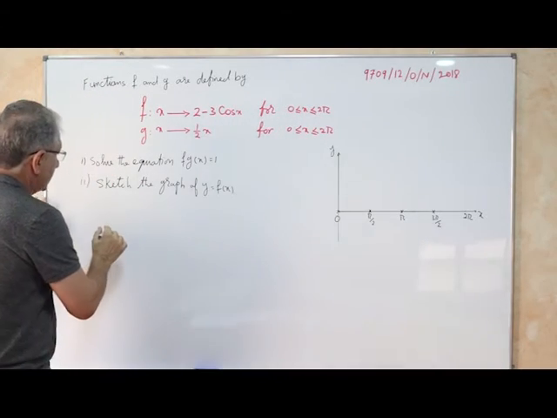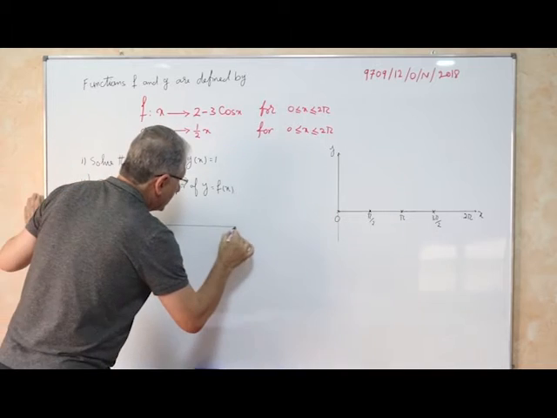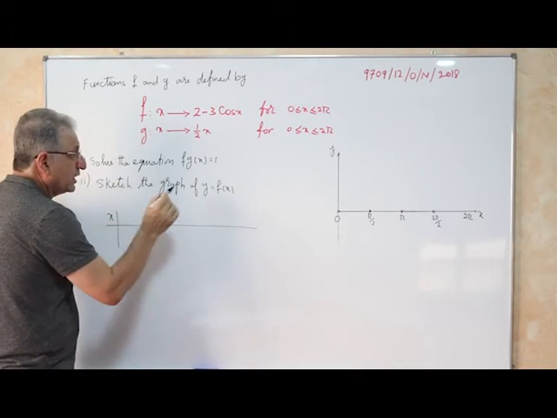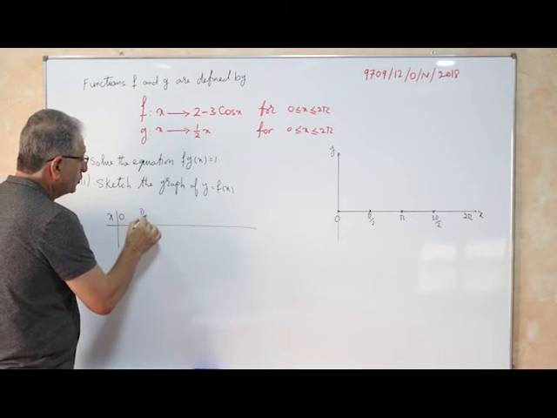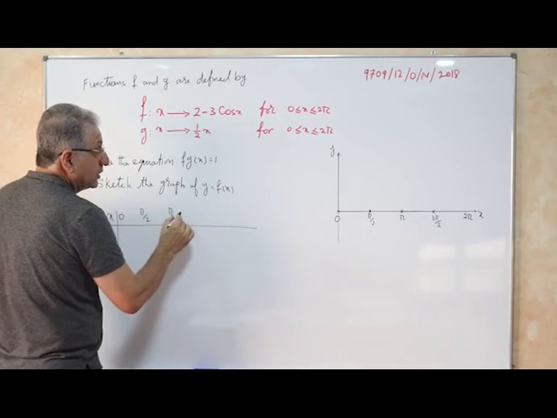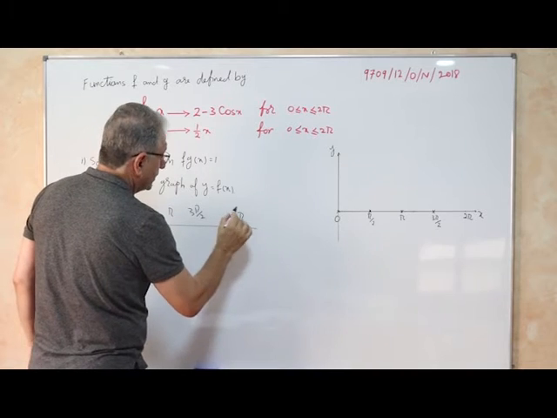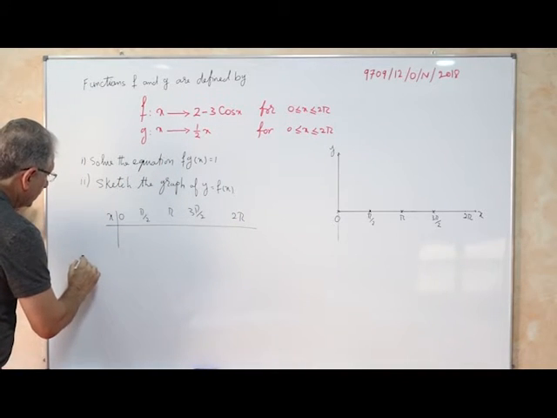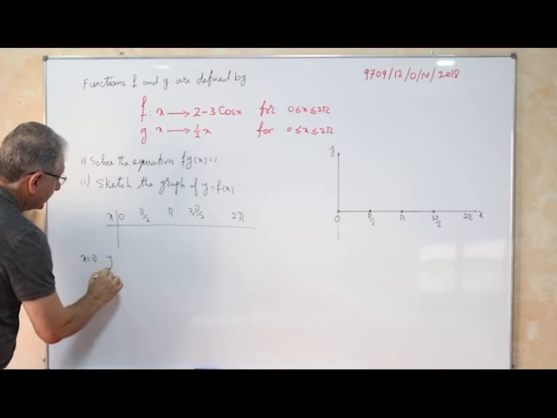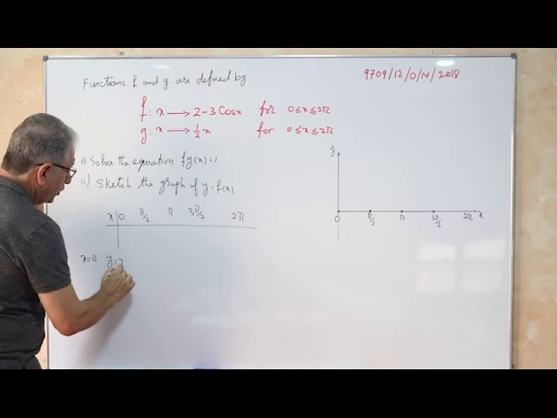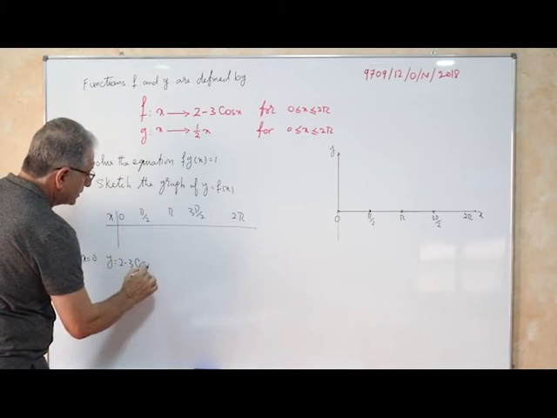The values of x I have selected are 0, pi over 2, pi, 3 pi over 2, and 2 pi. If x is 0, y will be equal to 2 minus 3 cos 0.